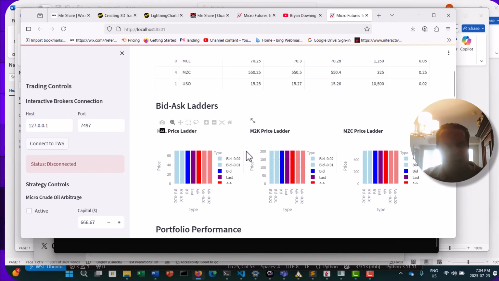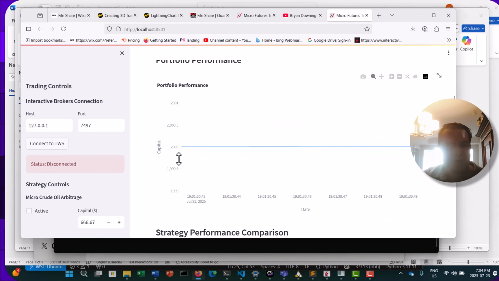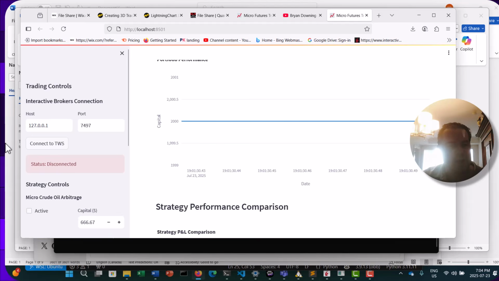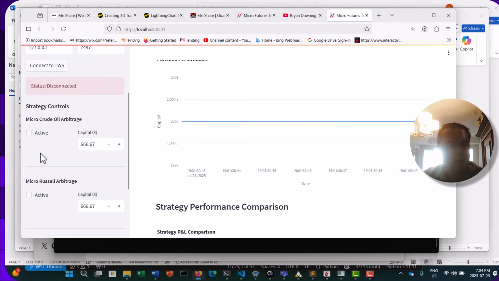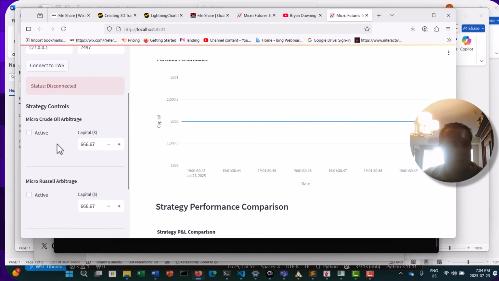We've got micro 2K, which is the micro Russell, and the micro corn, ZC. Okay. So in there, once it starts to trade and I connect here, I can toggle on and off any one of these trading strategies in those particular markets.